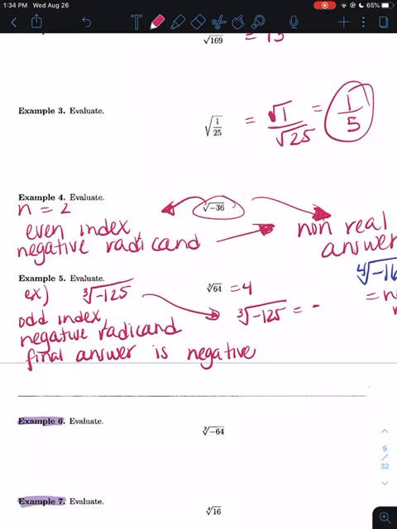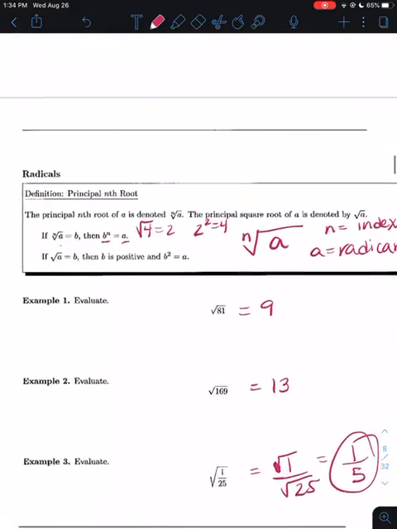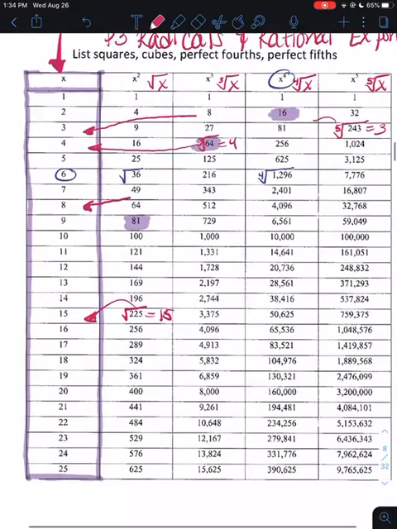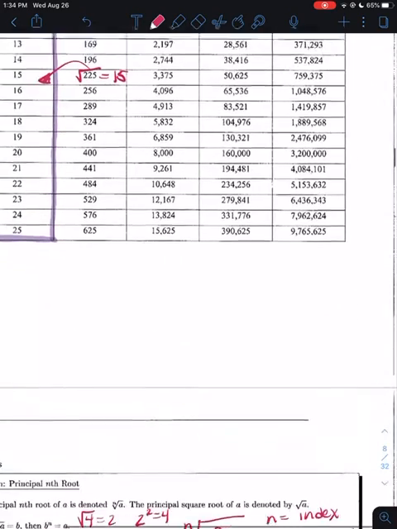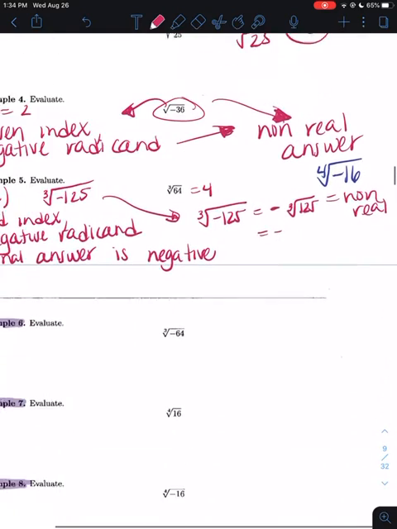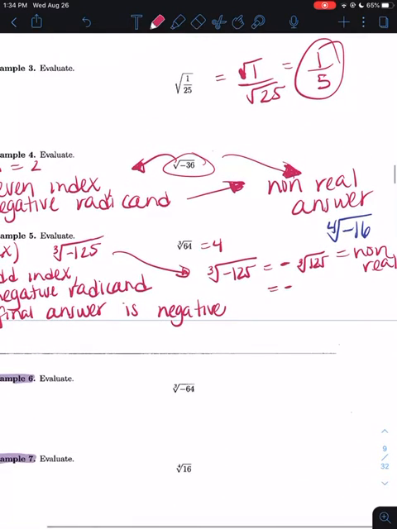Well, what is the cube root of 125? I look in the x to the third power column for 125. Here it is, 125. The cube root of 125 is 5. So in this case, since my radicand was a negative 125, this becomes negative 5.